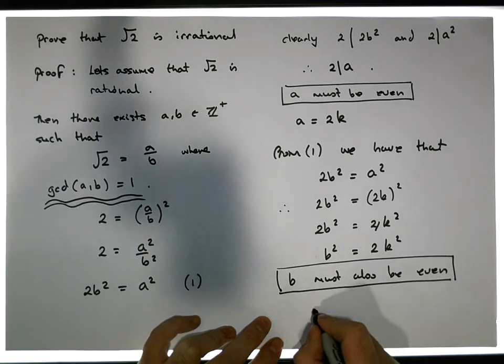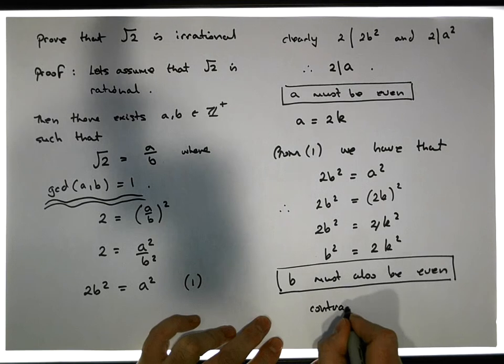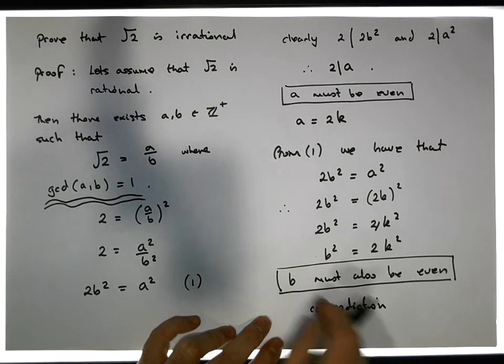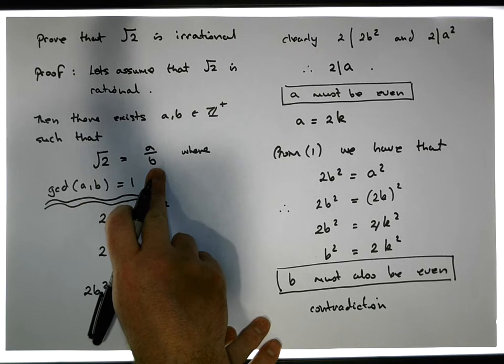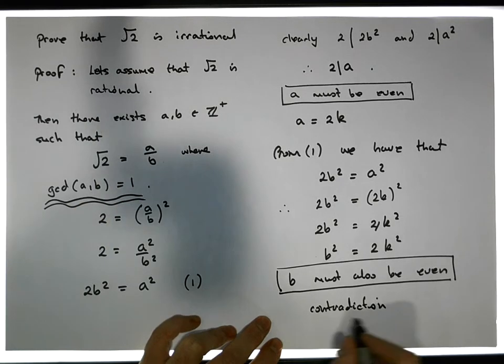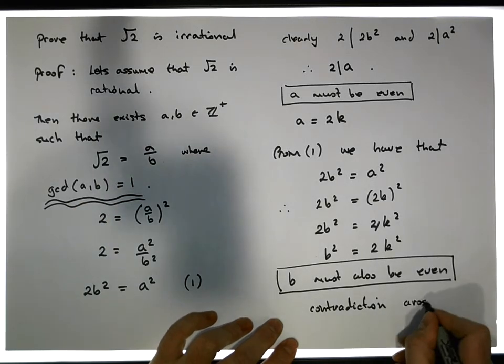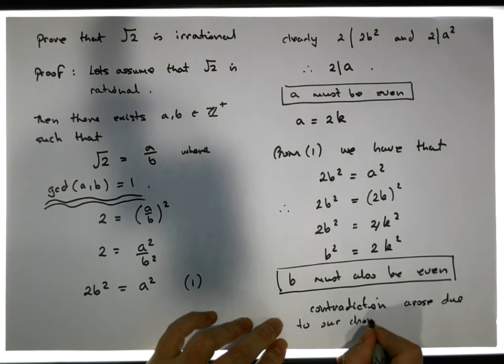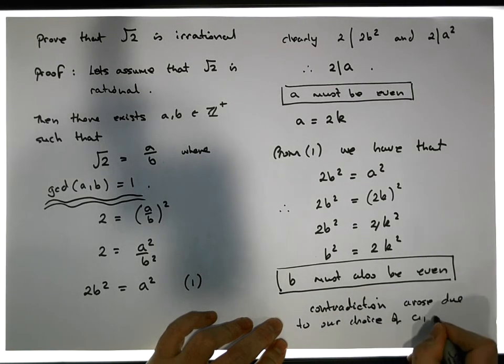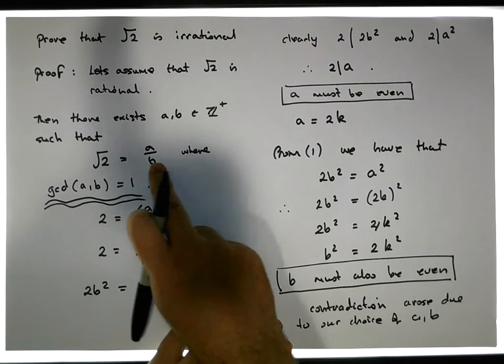So this is a contradiction. And this contradiction has arisen from us assuming that the square root of 2 can actually be represented as a rational number. So this contradiction arose due to our choice of a and b, and more importantly, that the square root of 2 was equal to a over b.